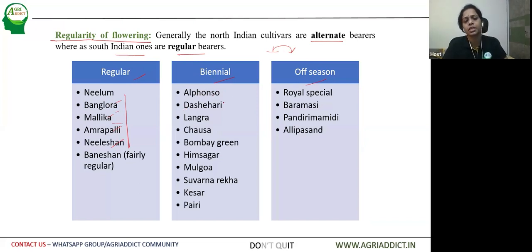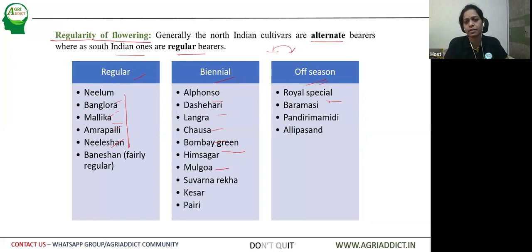Then biennial bearing is like off-season and on-season. So Alfonso, Sherry, Langra, Chausa, most of the south and eastern varieties come under this category.